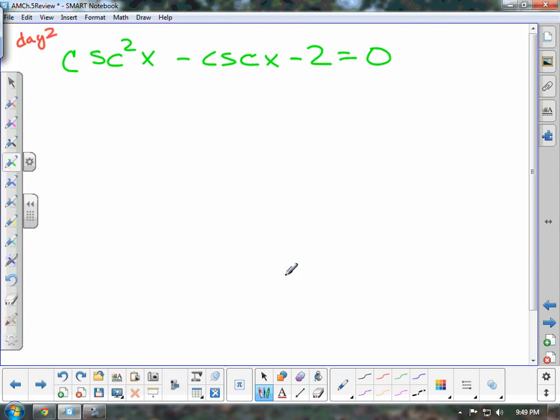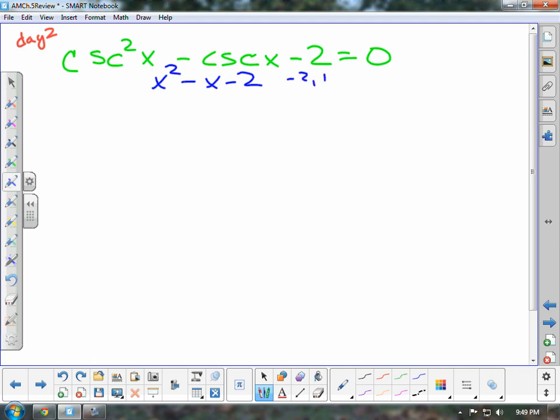Here we have cosecant squared of x minus cosecant of x minus 2. Three terms. It has a squared term, a linear term, and a constant term. So therefore, we can use our quadratic properties and rules to solve. And since it has this, we can try to factor it like we would factor x squared minus x minus 2. And the factors of a negative 2 that will add up to a negative 1 would be a negative 2 and a positive 1.